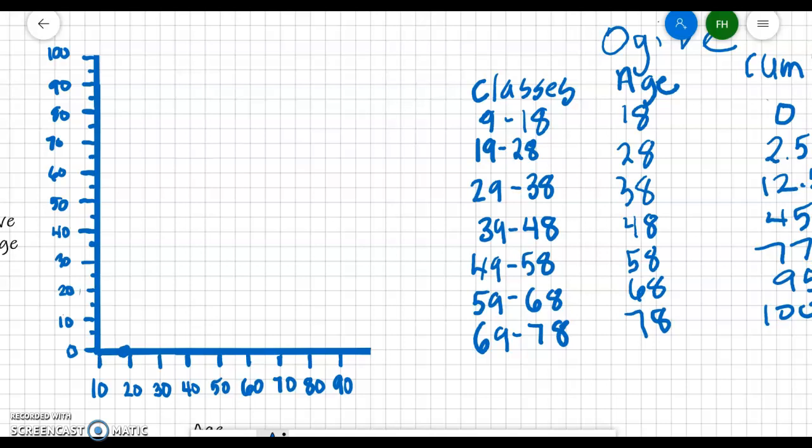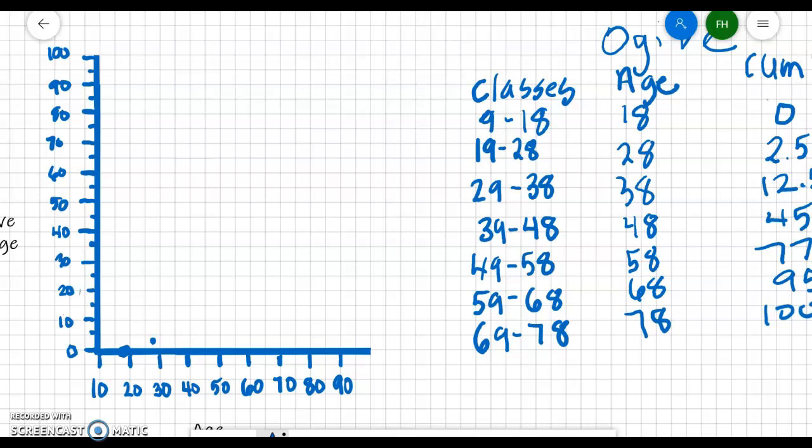Then we would go to our next class, so 28, 2.5. So I'm going to go over almost to 30, very close. And then I'm going to go to 2.5. Well, this is 5, so halfway would be about right here.